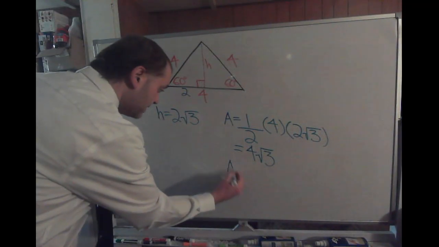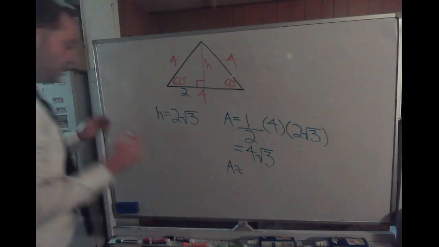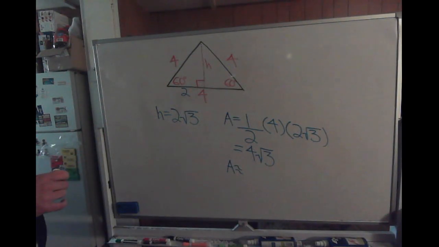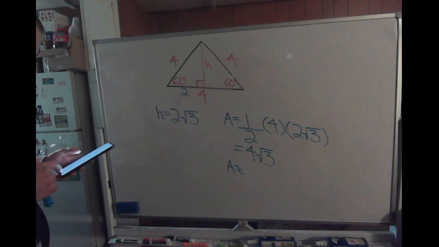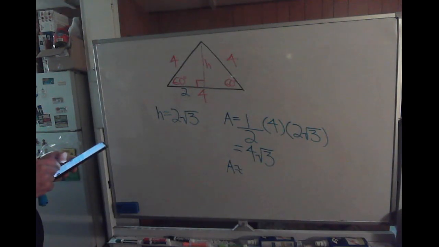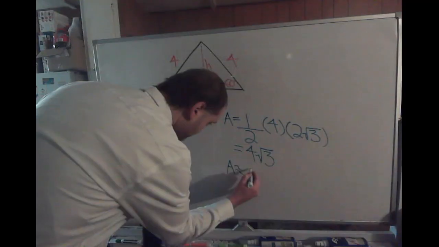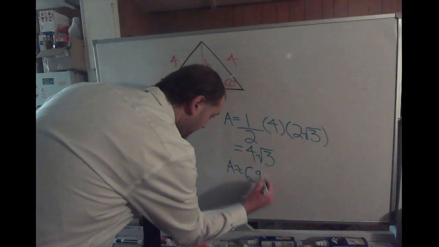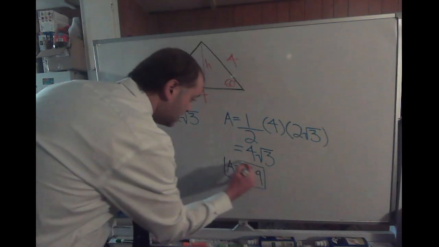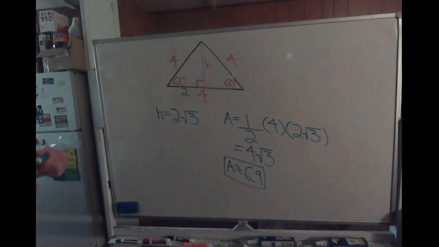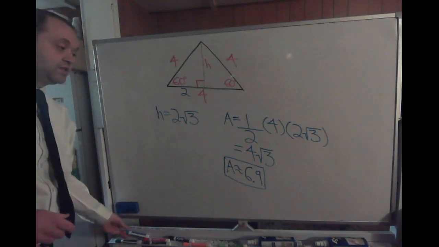So now we can just run a decimal approximation here and find the area of the triangle to the nearest tenth. Alright, so take 4 times the square root of 3. That's going to give you about 6.9. So the area of this triangle is approximately equal to 6.9 square units.